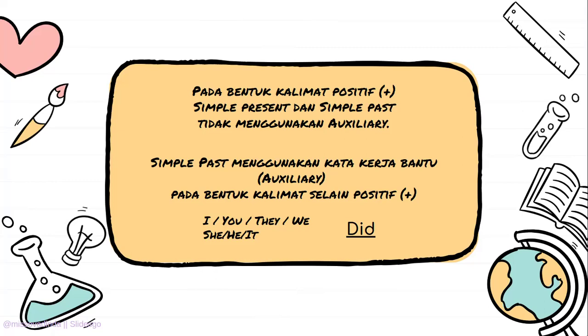But in simple past, for all kinds of subjects, we must use verb 2 for a positive sentence. Simple past of course has its own auxiliary. It is called did, D-I-D.